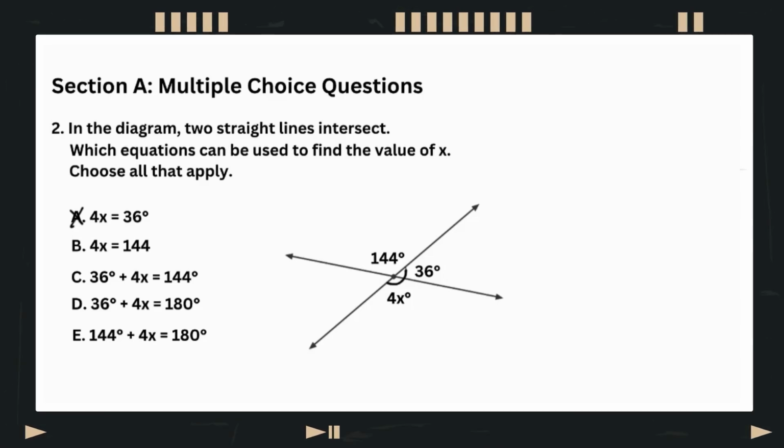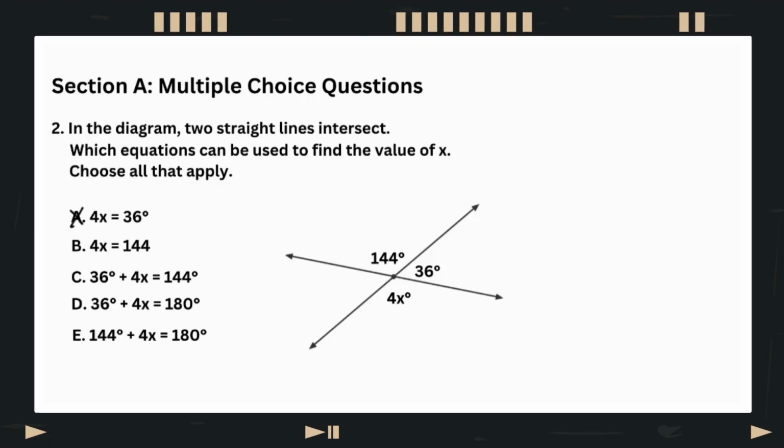4x is equal to 144 for B. So it's actually correct. Why is that? Vertically opposite angles are congruent to each other. So 4x is equal to 144. So we can encircle that, which means that this angle here is also 36 degrees.